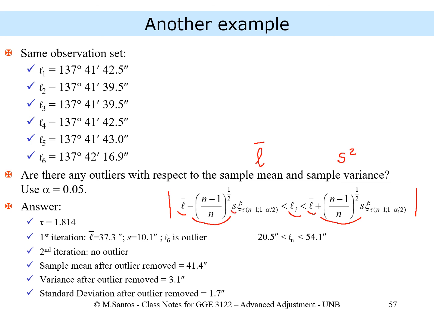Here we have the sample standard deviation, and here we have the cutoff value that we draw from the tau distribution with n minus 1 degrees of freedom, 1 minus alpha over 2 confidence level. So we are basically adding plus and minus this thing here.